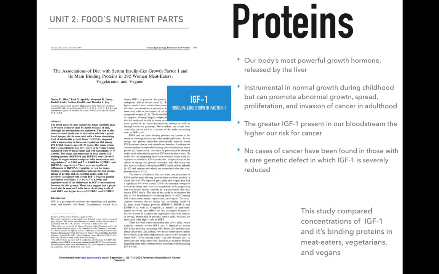And it appears that upon consumption of animal protein, the liver, which is the first organ to see our food once it's absorbed, releases IGF-1. And that IGF-1, that's insulin-like growth factor, goes around and tells the cells of the body to grow, including the cancer cells. In fact, among those with a genetic defect in which they can't produce very much IGF-1, nobody in this population has even had a case of cancer.